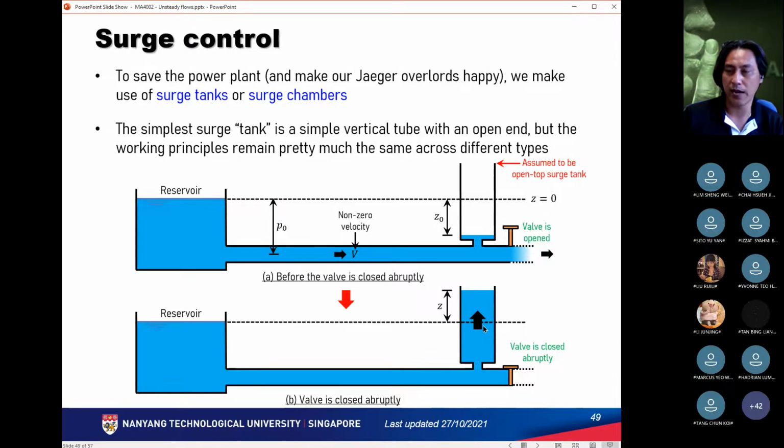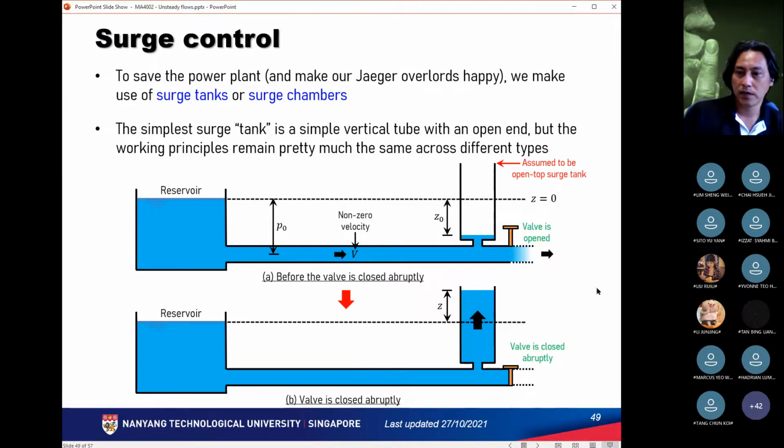It has to be the first surge, it can't be the second or third surge, because the pressure waves get weaker and weaker as they travel up the pipe and come down the pipe, up again and down again, and so on. The pressure wave is the strongest in the very first instant. So Zmax is the maximum water height in the surge tank associated with the first pressure wave.